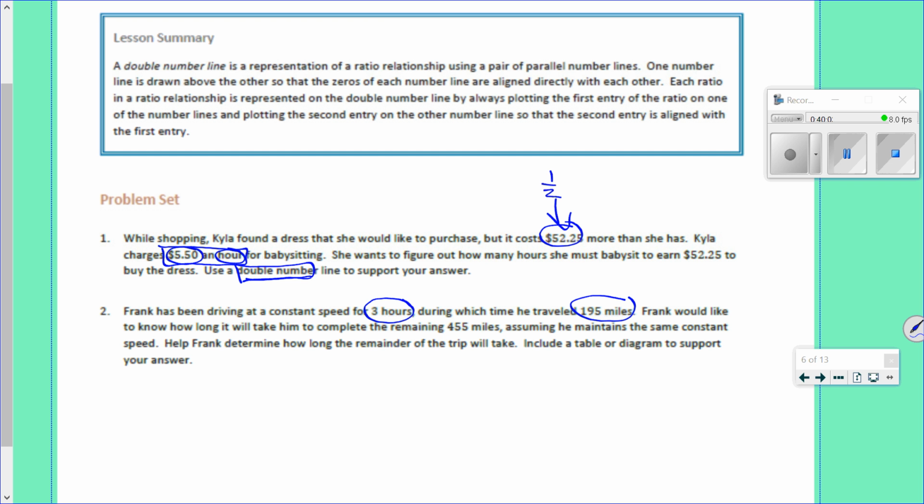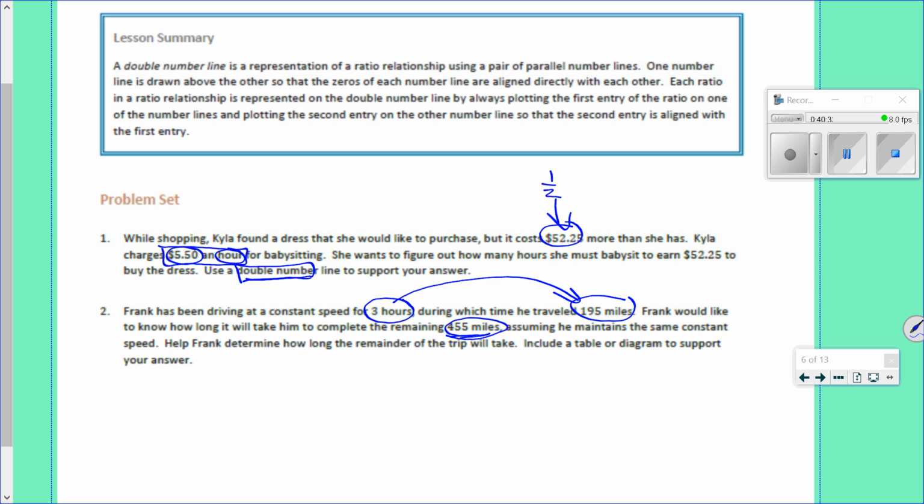Number 2 is going to be a little more complex. When I build it out to 455 miles on my double number line, then it's going to be kind of hard to tell exactly where that 455 lies with those 195 intervals. I'll give you a hint. If you simplify down to a 1 hour, so divide them both by 3, then it'll be easy to see where that 455 lies in between on those intervals.